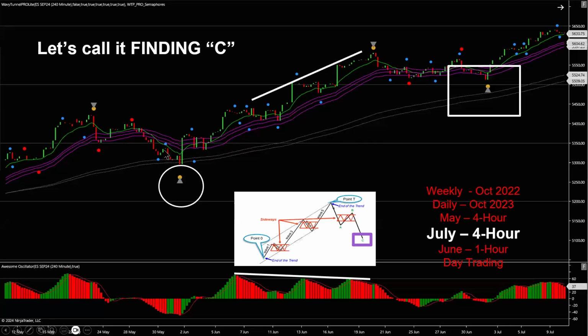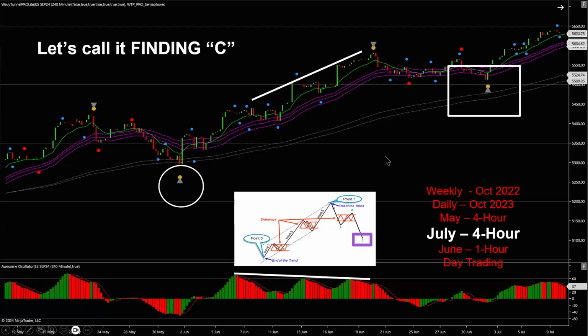This is more of a zigzag correction in Elliott wave terminology, but of course we don't need to understand the Elliott waves because we have our semaphores to show us where the waves will end. So this was more of a sideways shallow correction in July, and in May, we had more of a steep correction.